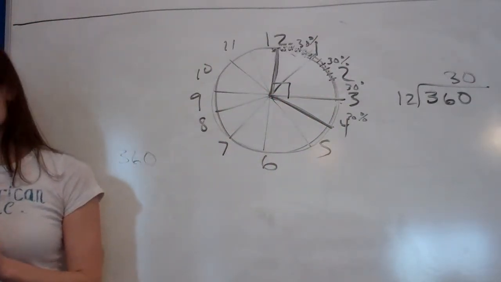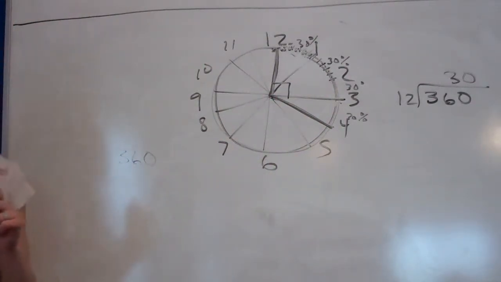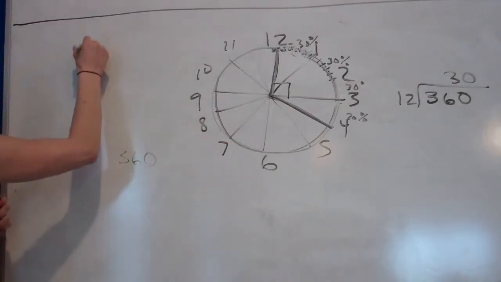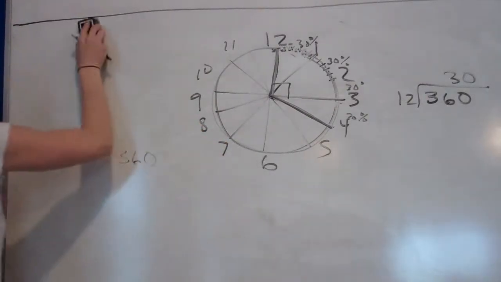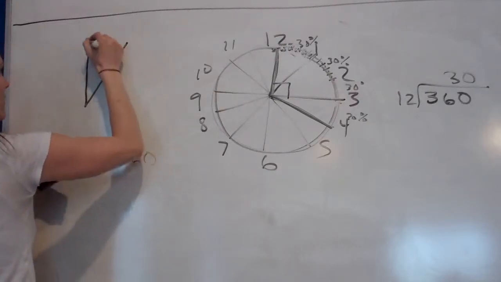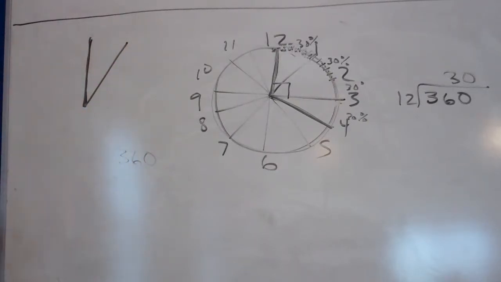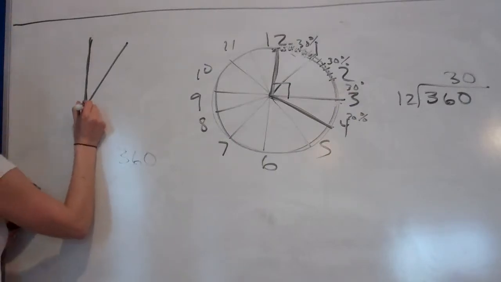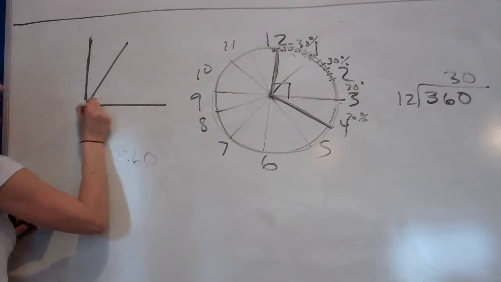Now, what we're going to do is try to figure out how much this angle is. That angle right there. The very first thing I would recommend doing is to draw a 90-degree angle.